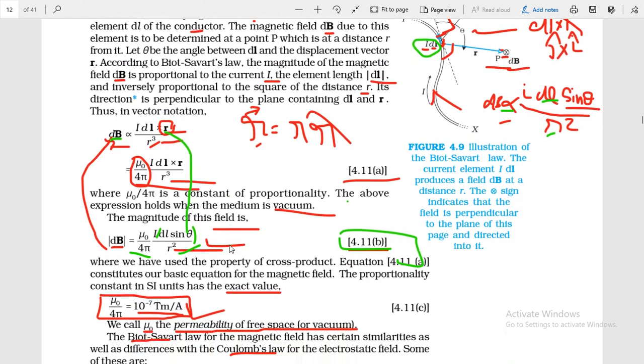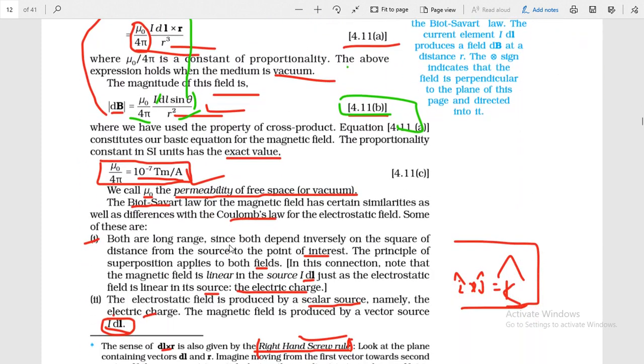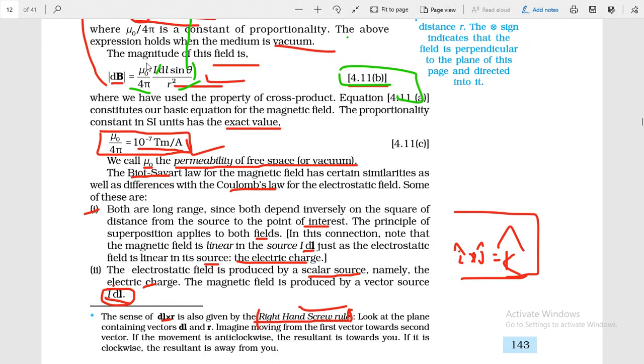Now this part, that is mu naught upon 4 pi, is known as the constant, and the mu naught is called the permeability of free space or vacuum. This is the property of free space or vacuum by which there may be a magnetic field. Okay, so it is a type of property, known as the permeability.